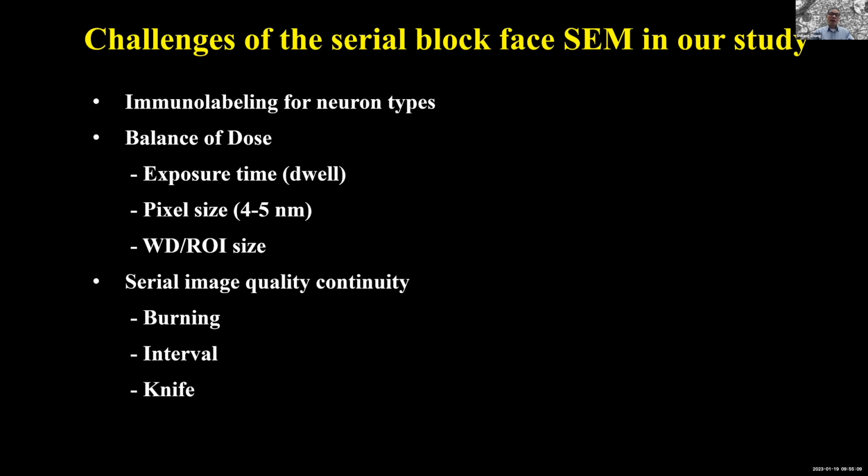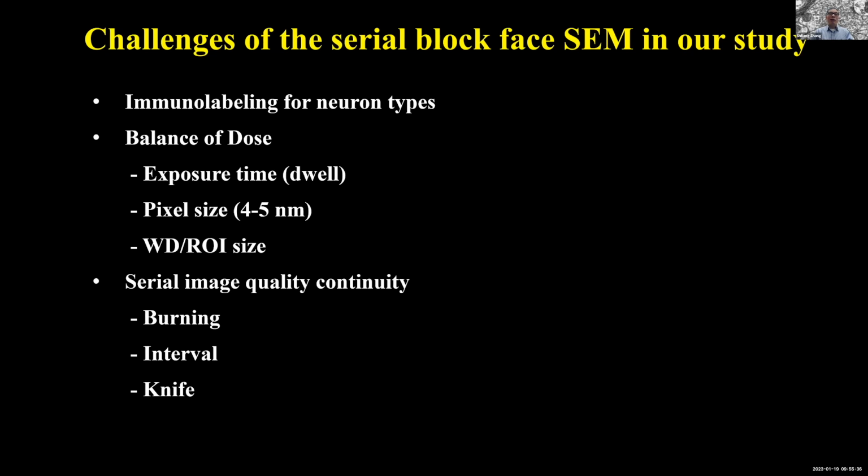We also had a problem with the serial image quality continuity. At the beginning, we could image and section several hundred serial images, but after years, we had a problem. At the beginning, the serial section is good.